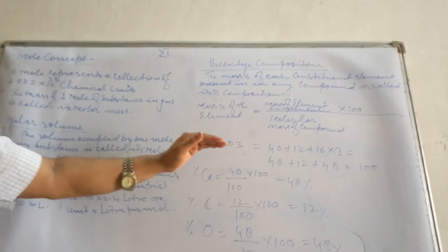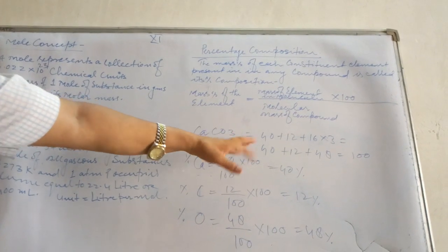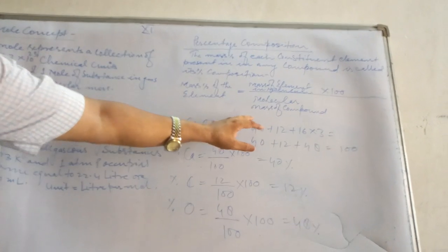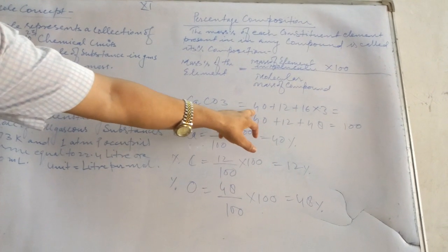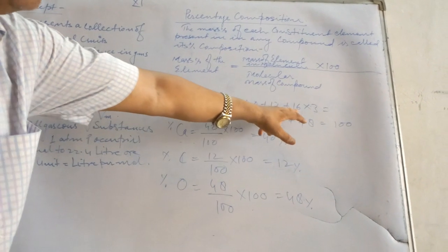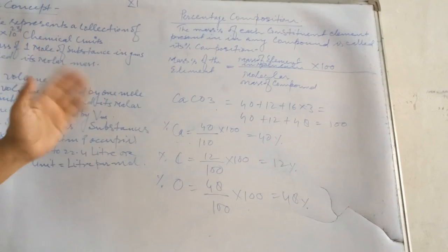It is okay. So the molar mass will be the sum of their atomic masses, means 40 for calcium, 12 for carbon, and 16 × 3 for oxygen.